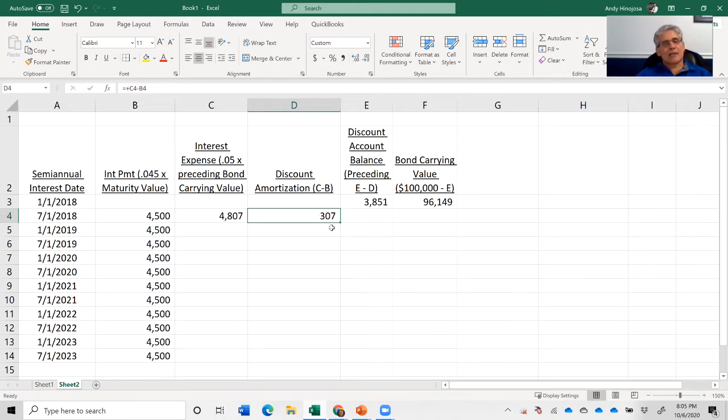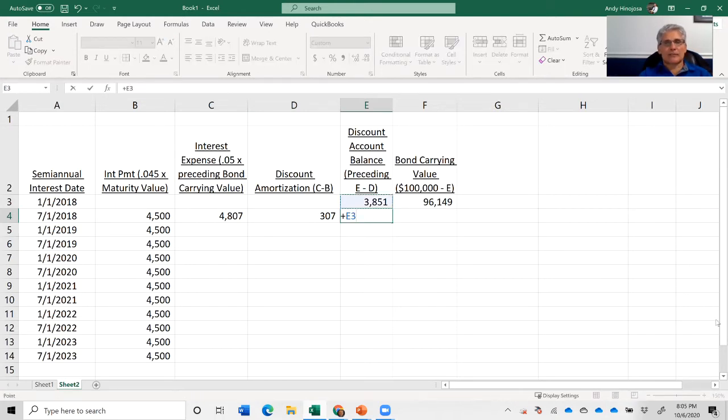When we say amortized, we mean that's the amount that's going to be lowering the actual discount. So in order to come up with our new discount balance, we take the preceding balance and subtract column D. Our new balance at 7/1/18 will be $3,544.